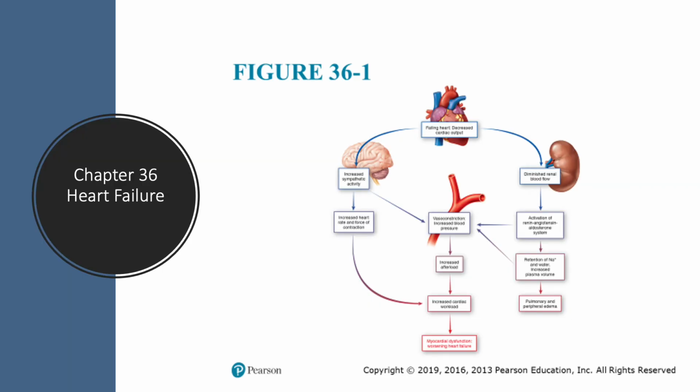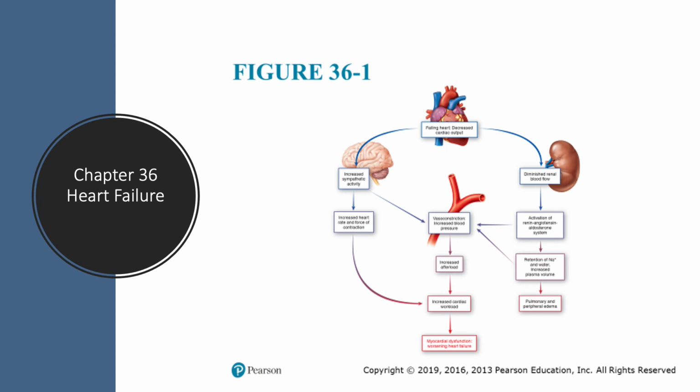So let's talk about heart failure now, and that's what this slide is on. So let's use an example. Say we have a 70-year-old patient who unfortunately had a heart attack, and part of their heart is now permanently damaged. They had a myocardial infarction.